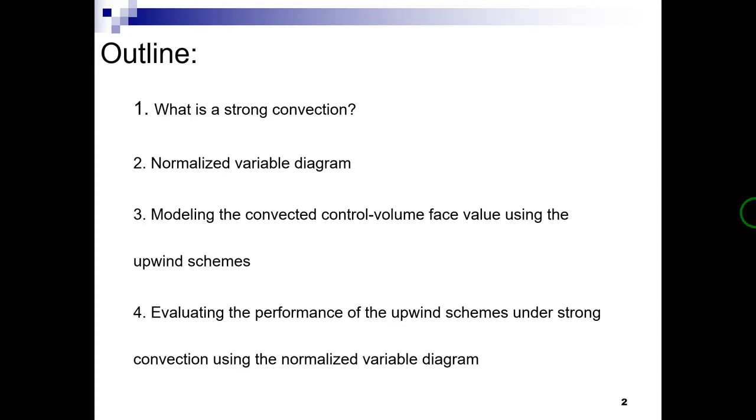Next, I talk about the modeling of the convected control volume phase value using the upwind schemes, including the first order upwind scheme, second order upwind scheme, and third order upwind scheme, which is also called the QUICK method. And finally, the performance of the upwind schemes under strong convection is evaluated using the normalized variable diagram.